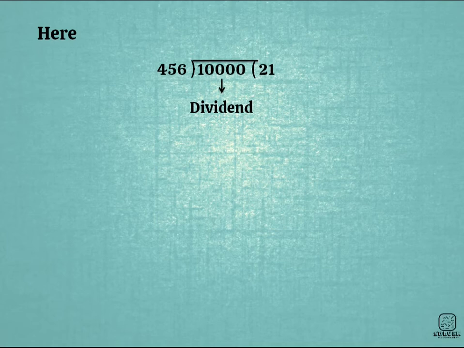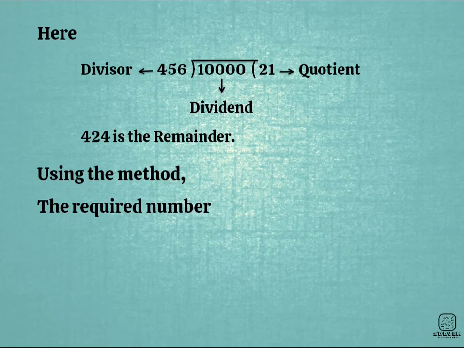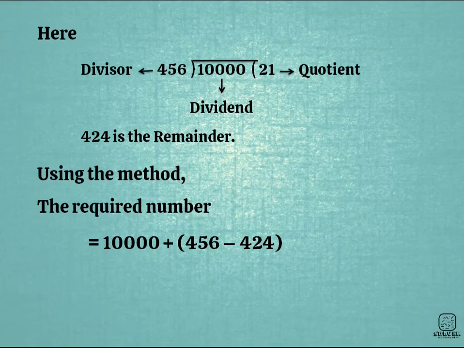So here 10,000 is the dividend, 456 is the divisor, 21 is the quotient, and 424 is the remainder. Now using the method, the required number is the dividend 10,000 plus divisor 456 minus remainder 424.